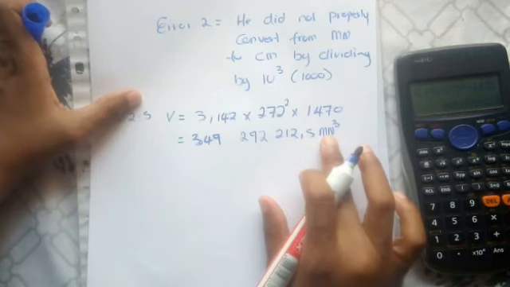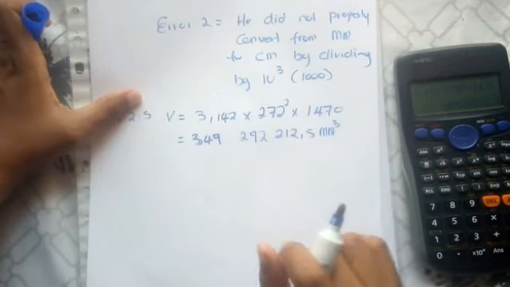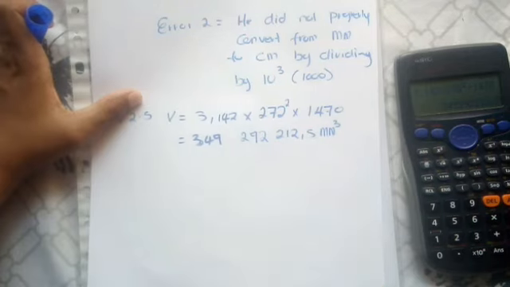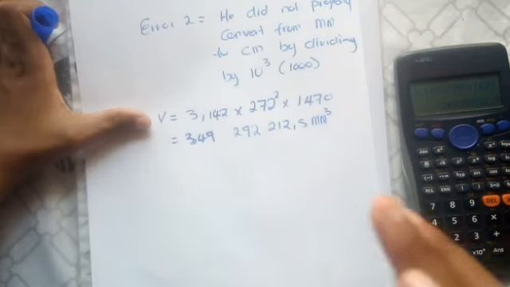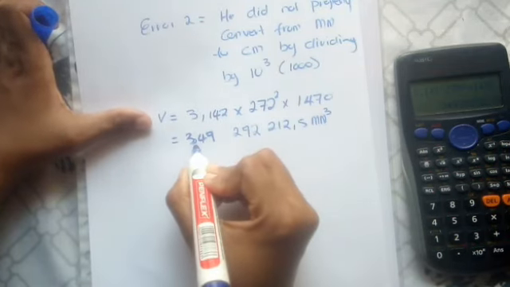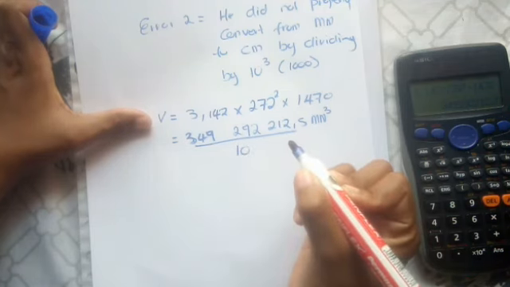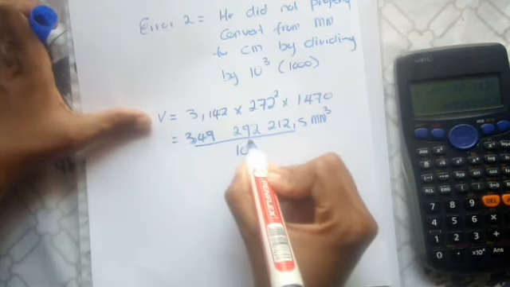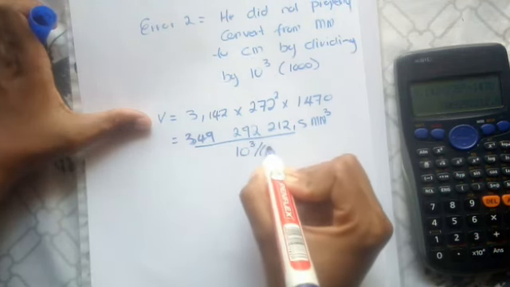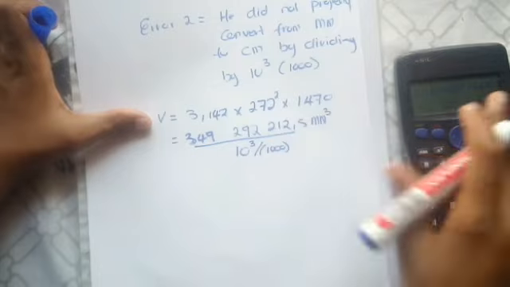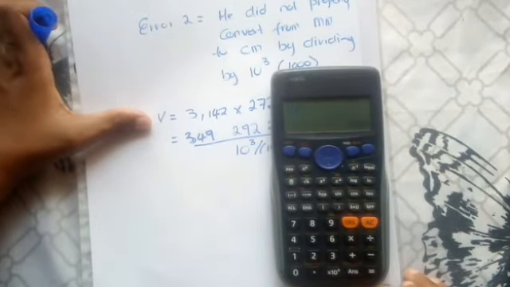So if I can convert this to centimeter cube, then I will be able to then convert that to liters. So I need to take this to centimeters. To take millimeters to centimeters, we divide by 10, and because we are dealing with cubes, it's going to be 10 cubes, or rather 1,000, because 10 cubes is the same thing as 1,000 if you check it in your calculator.